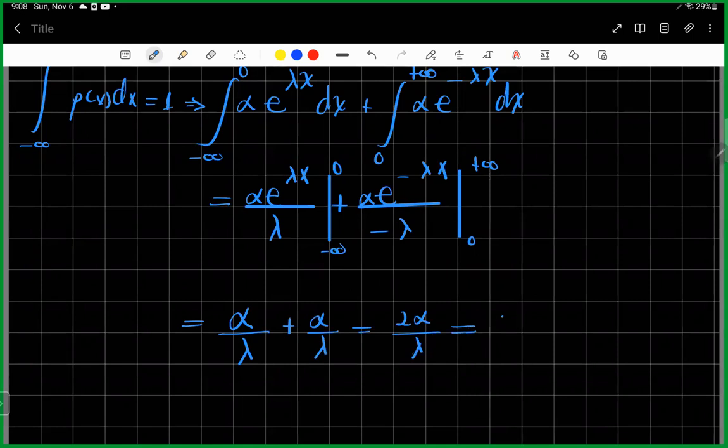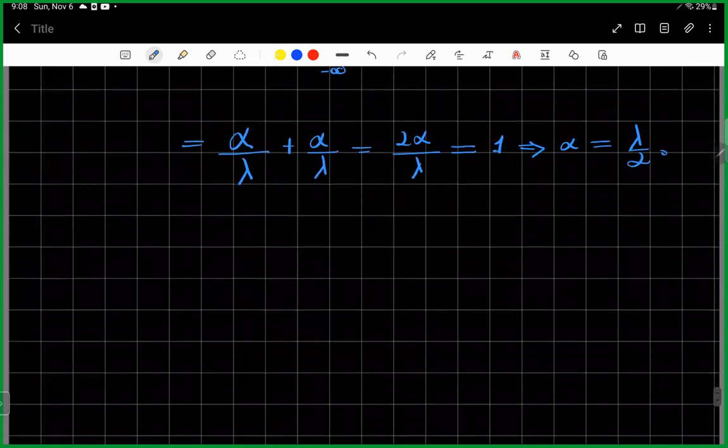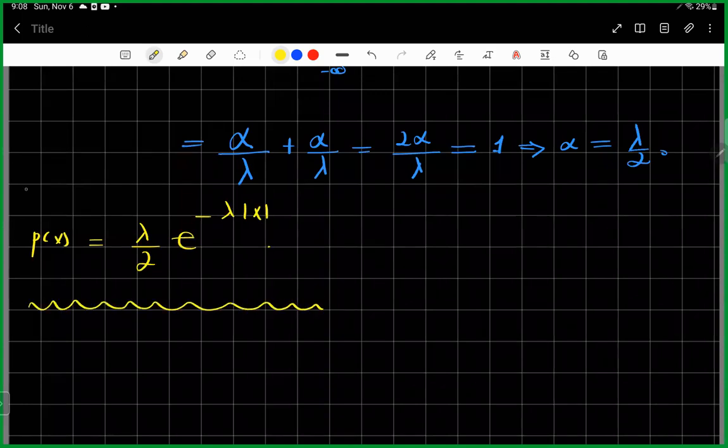This must be equal to 1, from where we get that alpha is just lambda over 2. Okay, and then the probability density is lambda over 2 times e to the minus lambda absolute value of x. Okay, so we have properly normalized the probability distribution.